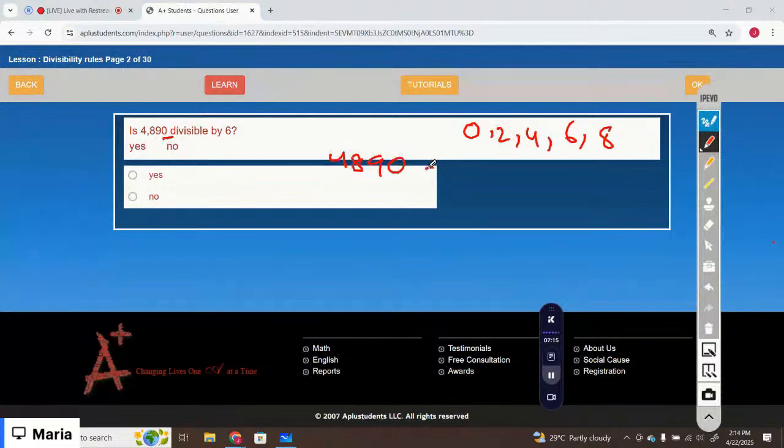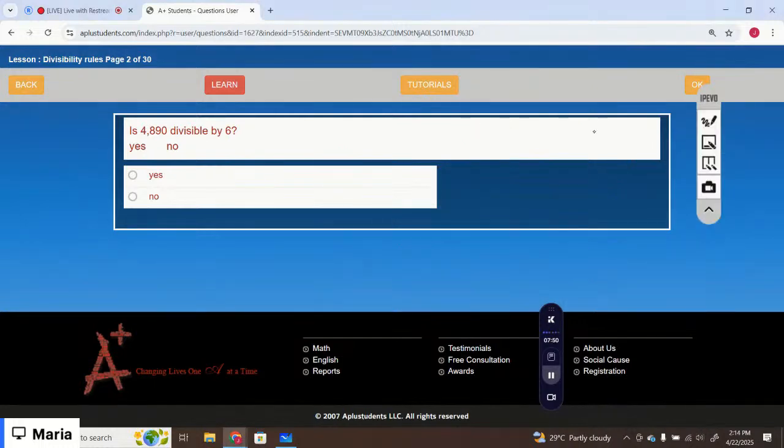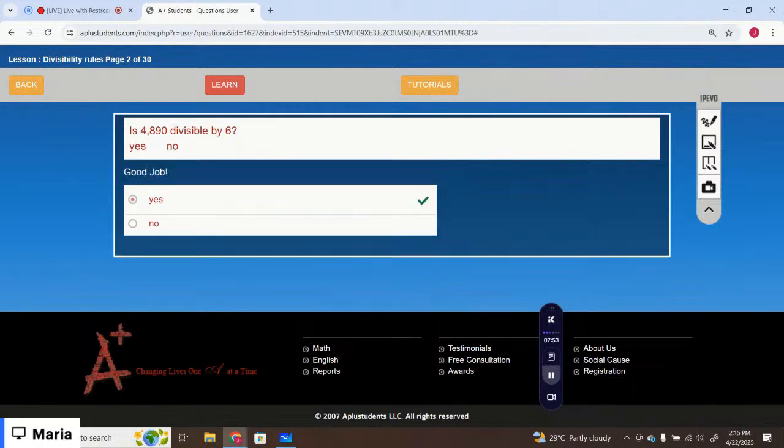That means 4,980 is divisible by 2. Now the divisibility rule for 3 is that the sum of the digits must be divisible by 3. 9 and 8, 17, 18, 19, 20, 21. 21 is divisible by 3. Yes, it is. So the number is divisible by 2 and by 3. That means the number is divisible by 6. Option number 1 is the correct option.